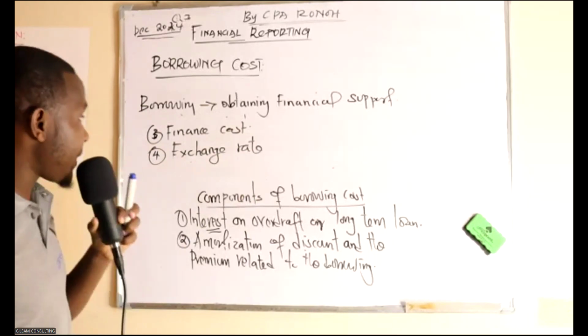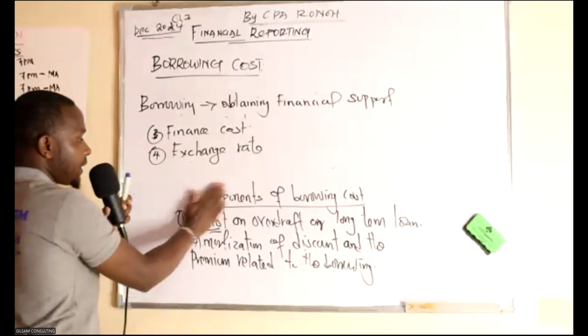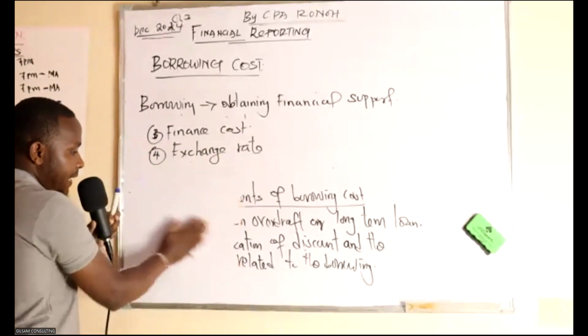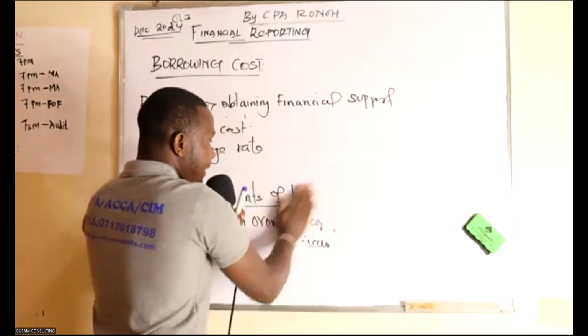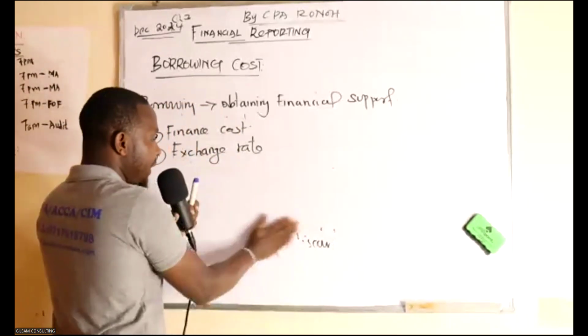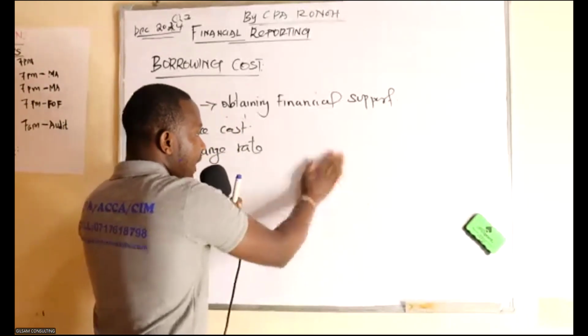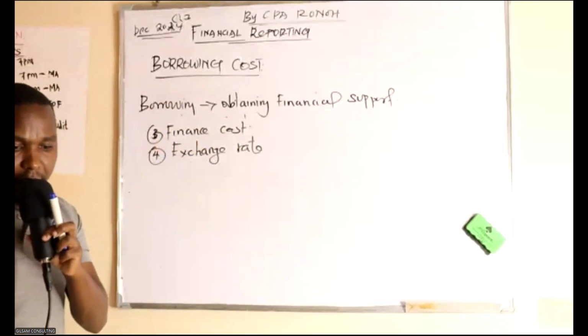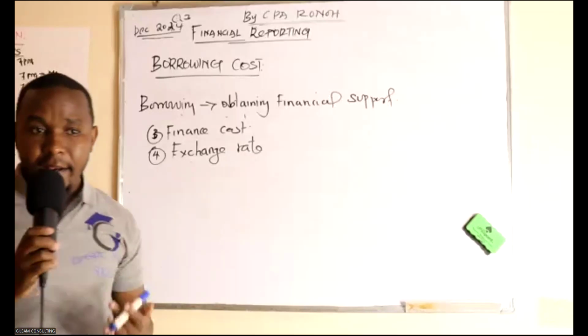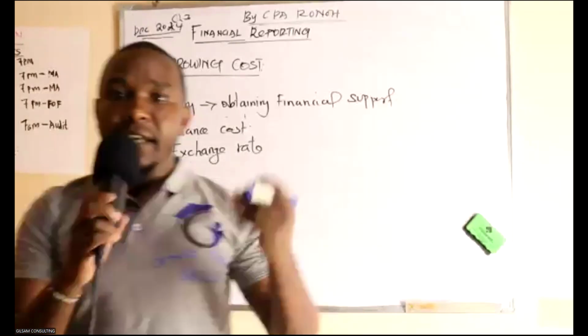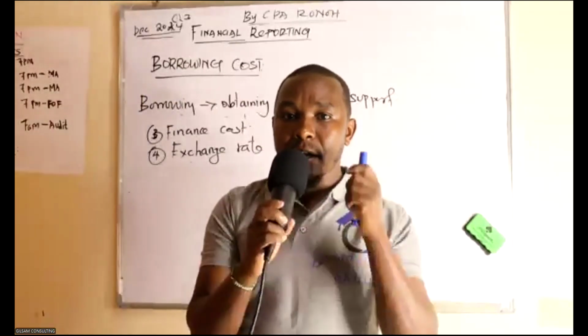Remember, most of the companies source the finance from outside the country. If you're working as an accountant in a certain company, I know you know this. Each and every company has more than one bank account. They have the Kenya shilling, and also they have a dollar account.